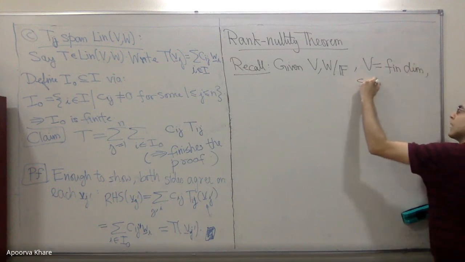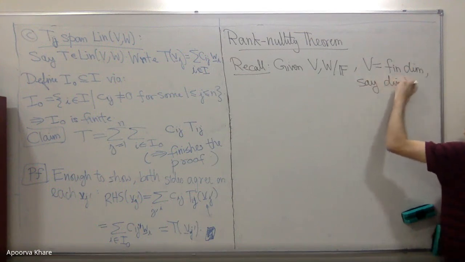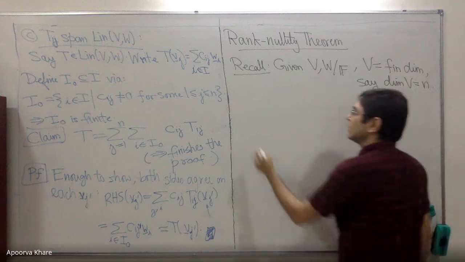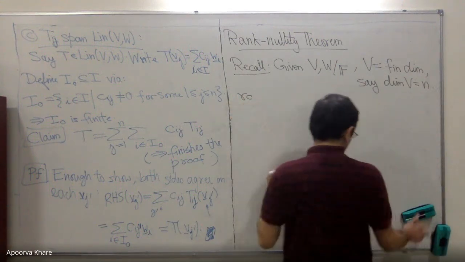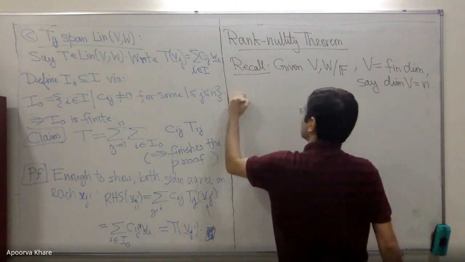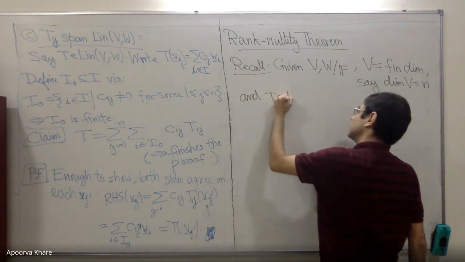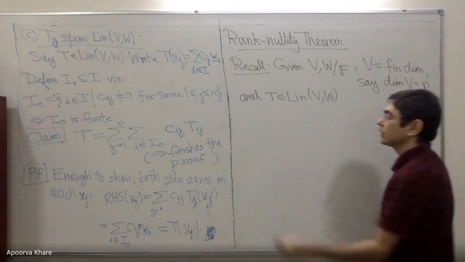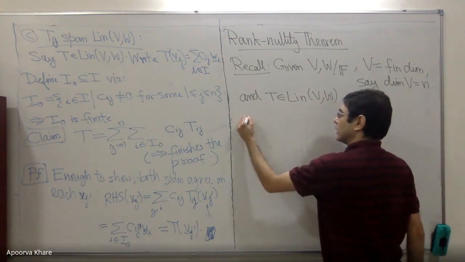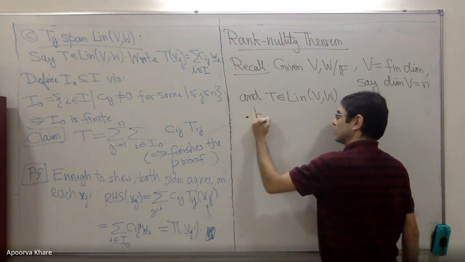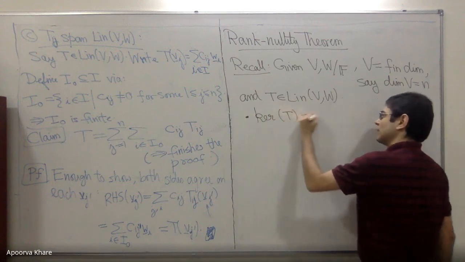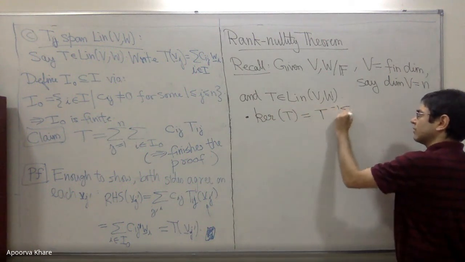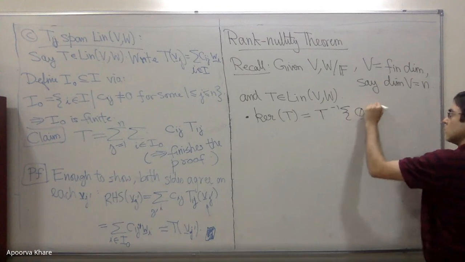Say the dimension is n. And of course you have a linear transformation T. First of all, the kernel of T is the set of vectors which go to 0.